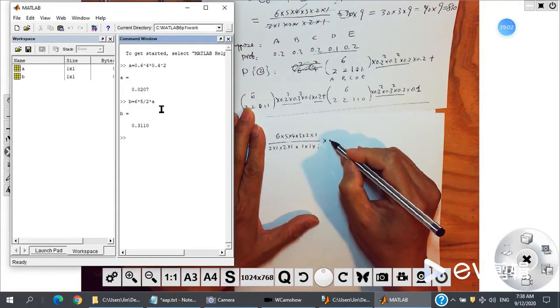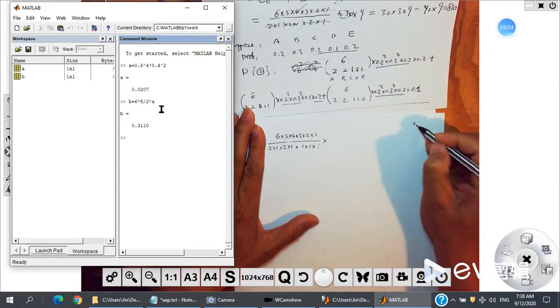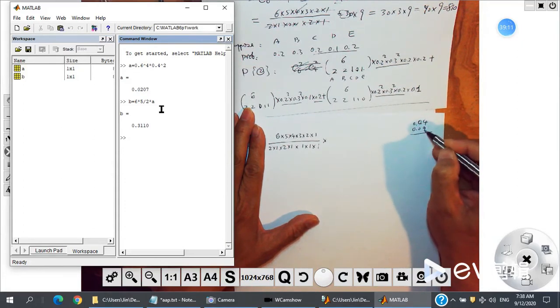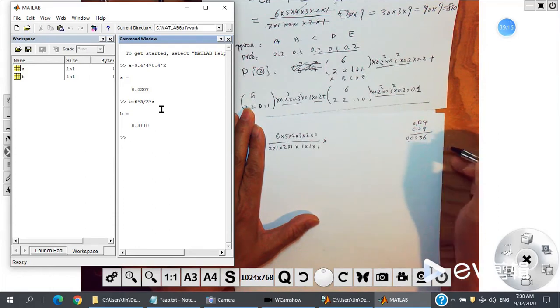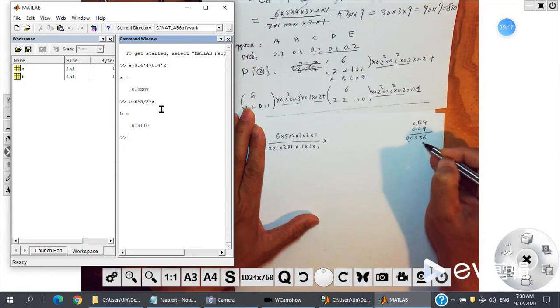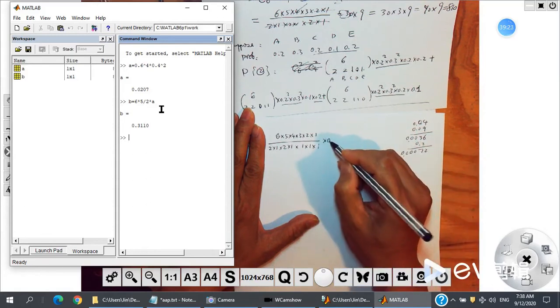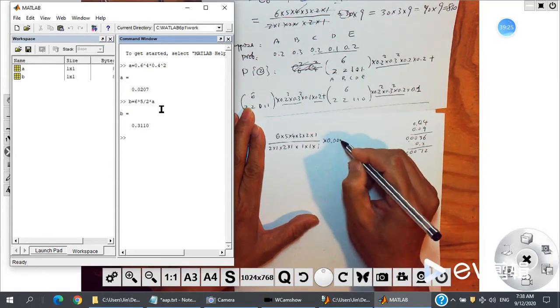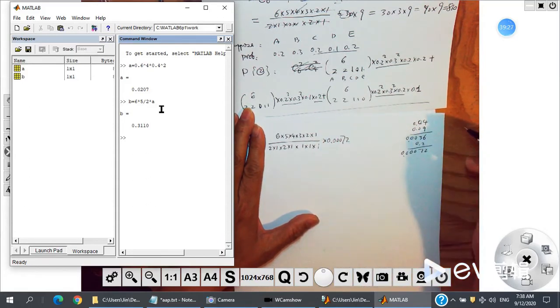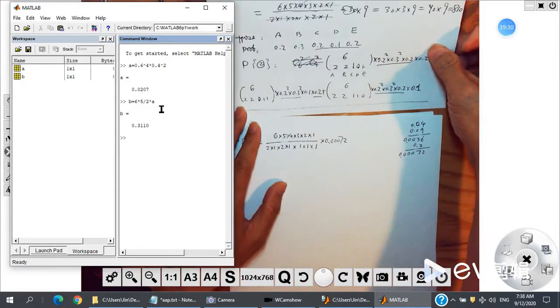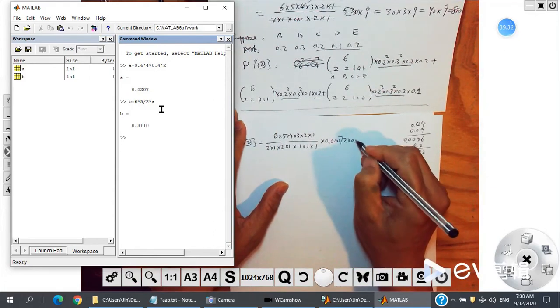This will be 0.2 squared, 0.9 squared, 3600, then times 0.2 with 72, 00, and 1 more 0. So this is 0.00072, okay, times 0.2, the first one.